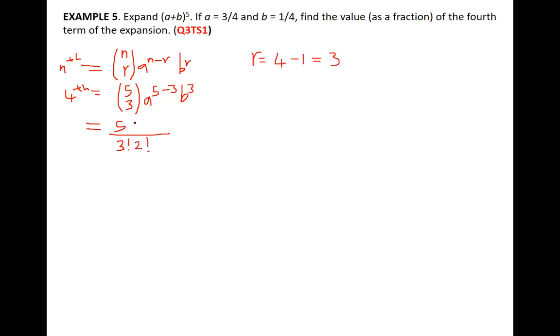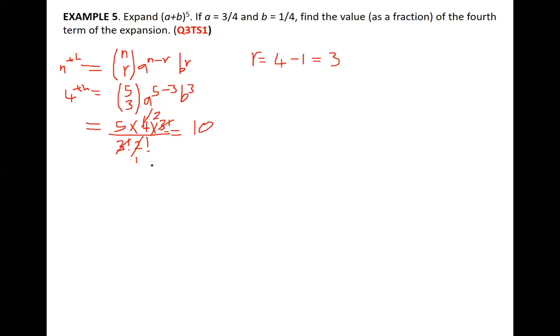Then 5 times 4 times 3 factorial, so that I cancel out this 3 factorial and that 3 factorial. I'll remain with 2 factorial, which is just 2. 2 into 4, 2 into 2 is 1, then 2 into 4, you get your answer to be 2. So 5 times 2, you get your coefficient to be 10. So our coefficient is 10 then.